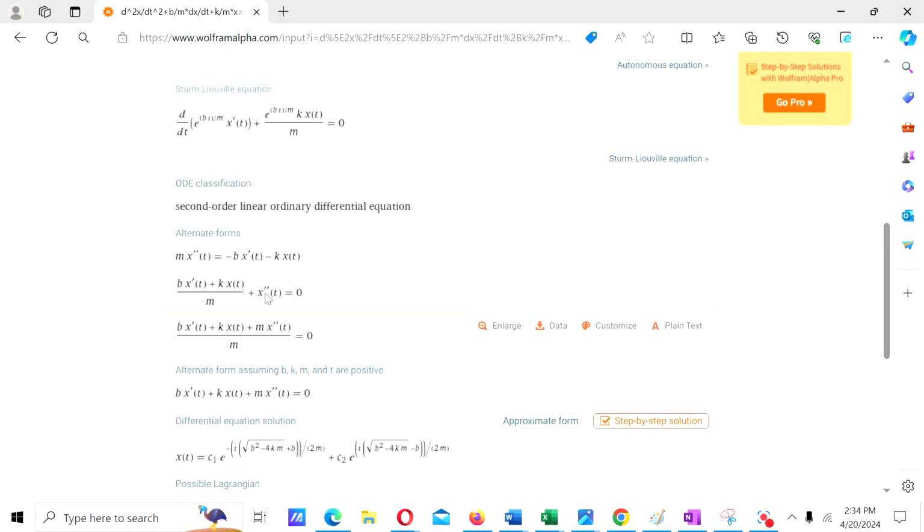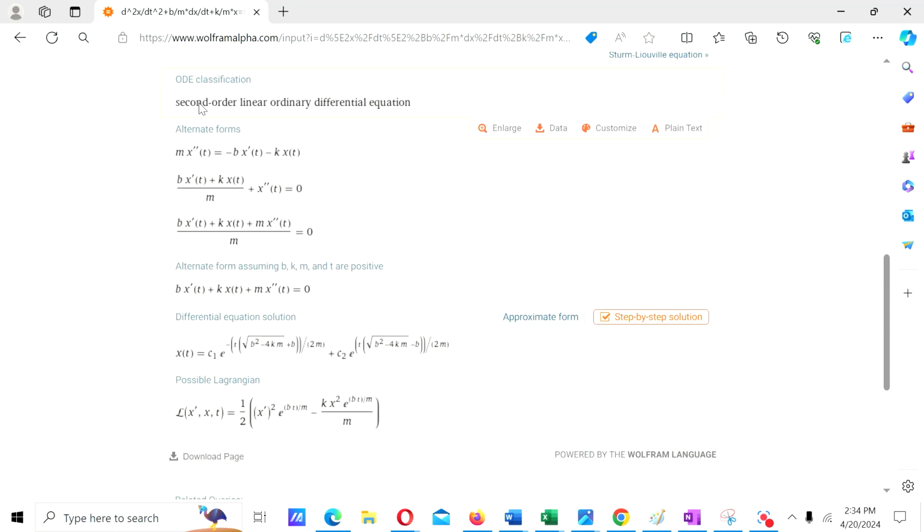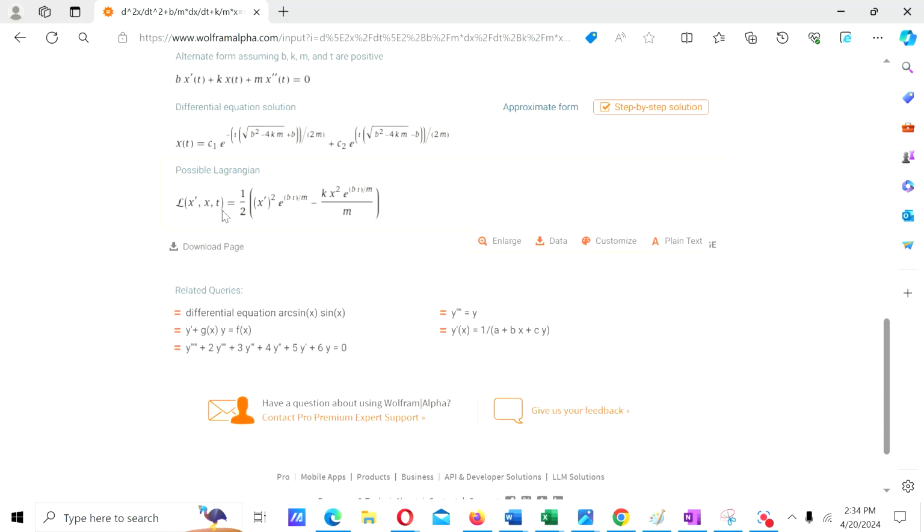Actually, no, this isn't. This is mapping to a different domain. Is this one? So differential equation solution. We're not going to change it to a Laplace domain. We're not going to try to control it or anything. Instead, we're going to keep a differential equation solution, which is this one.